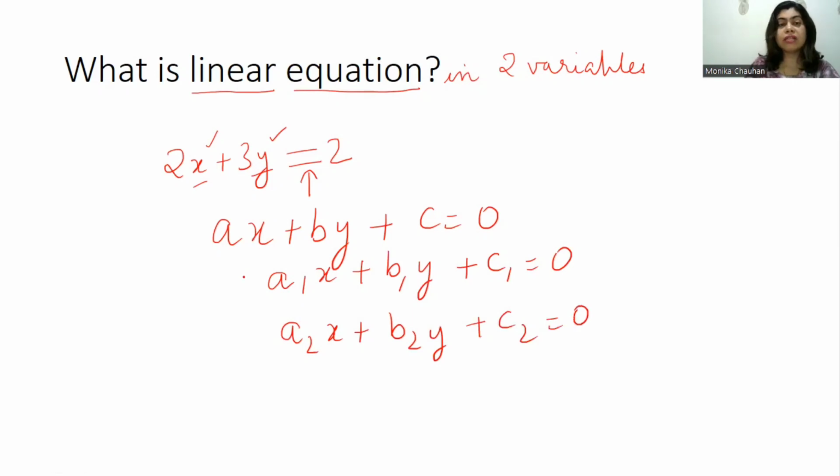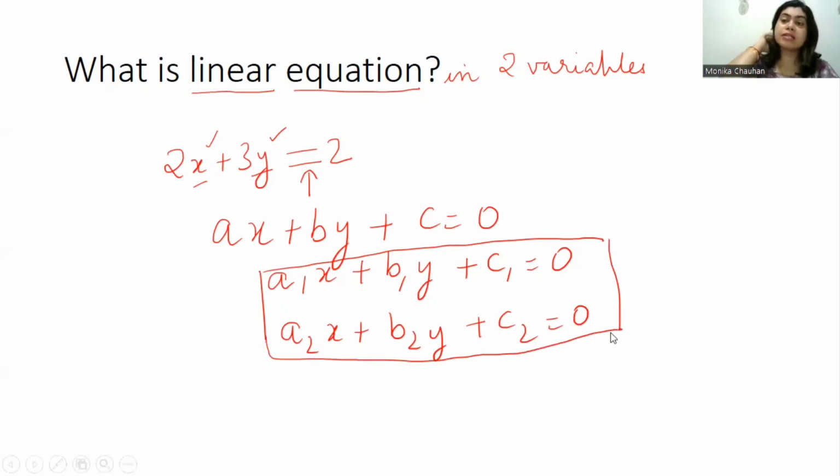So you have these two equations. This is the general form of simultaneous linear equations. So it should be of this form. Understand this: two variables, and the exponent or power of the variable is 1. And these are the two equations.